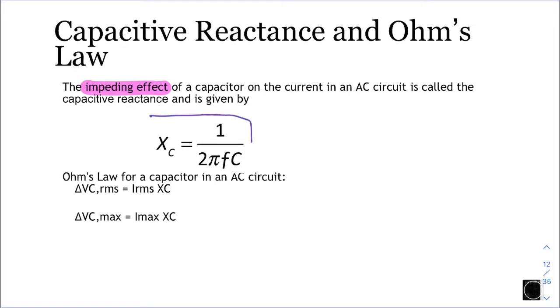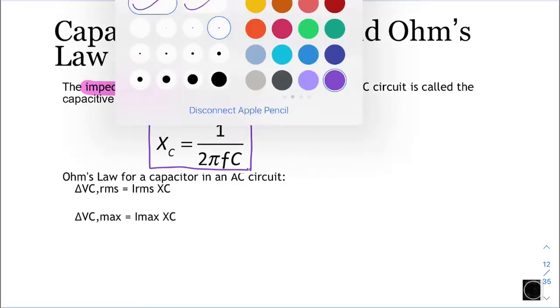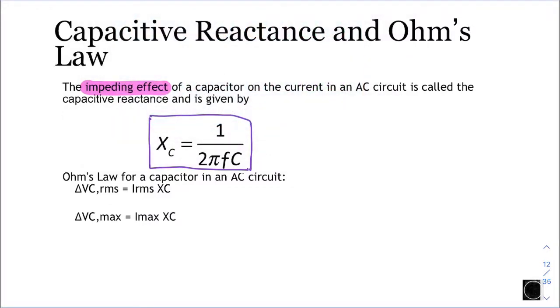The formula is XC equals 1 over 2 pi F C. If you compare this to this one, 1 over omega C, because 2 pi F is also equivalent to omega. And the unit is ohm.